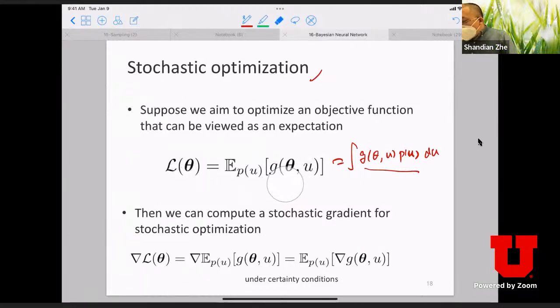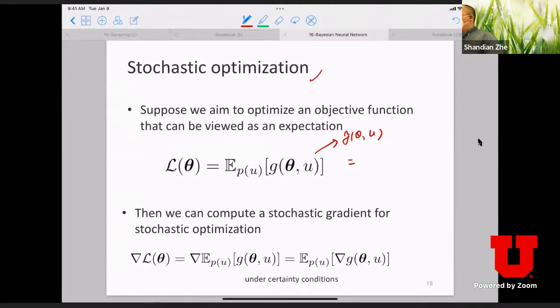So the key idea is, let me give you a concrete example, maybe that will be better, right? Not too abstract. I can come up with g of theta and u to be like logarithm of theta squared plus u cubed. Okay? This is my g function.